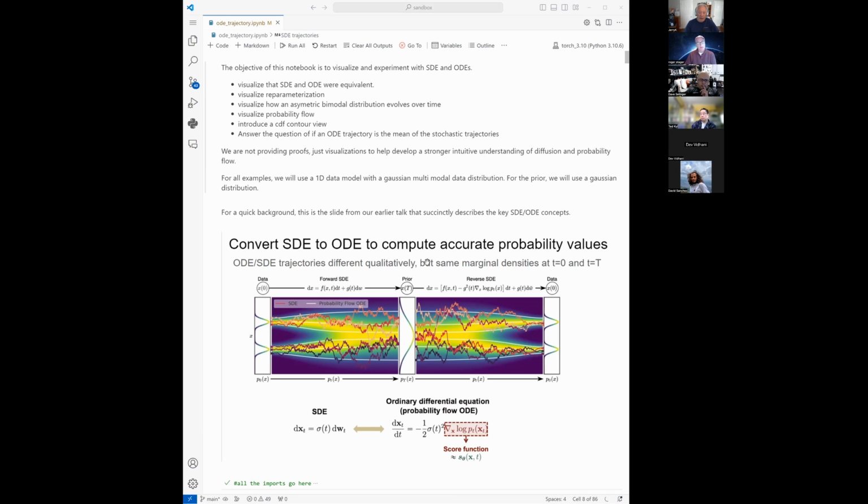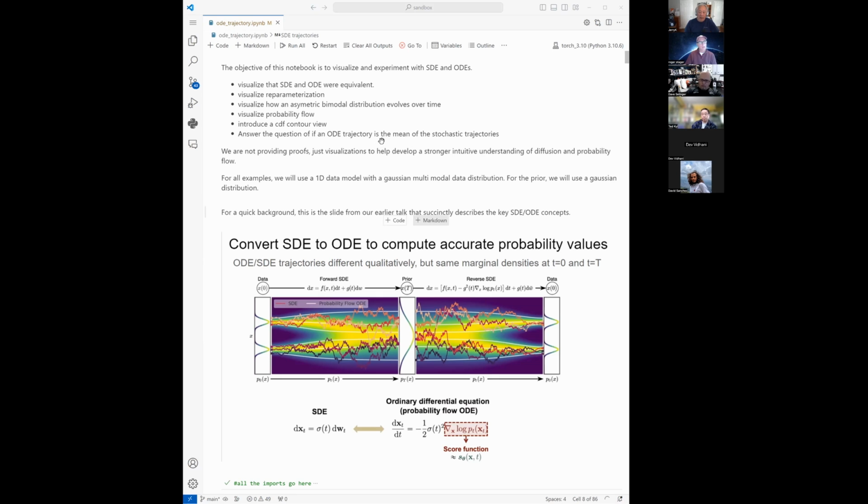Also, the CDF contour. When I started thinking about the probability flow lines, we were trying to describe what exactly that line is. One thing that came up was the concept that the probability mass between two contour lines doesn't change. So I played with that, visualized it, and it does match the probability flow as well.